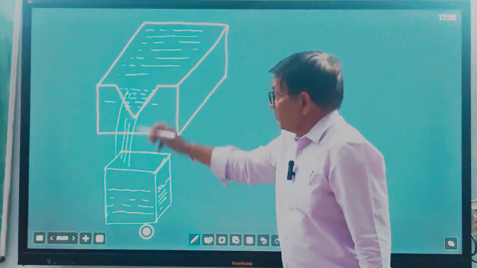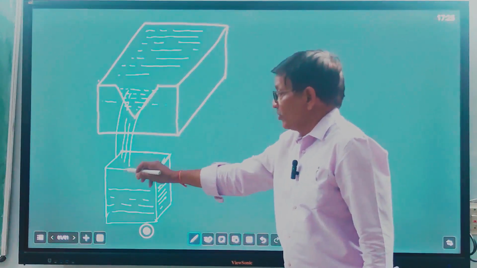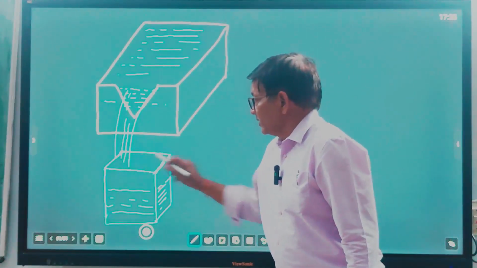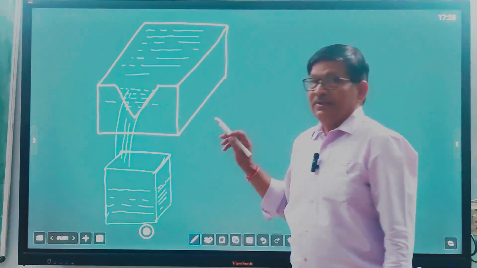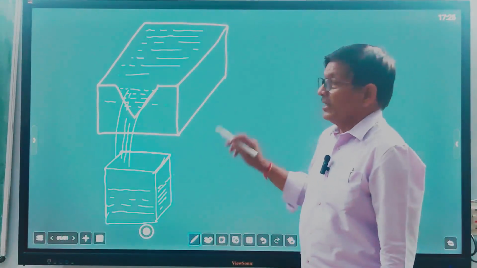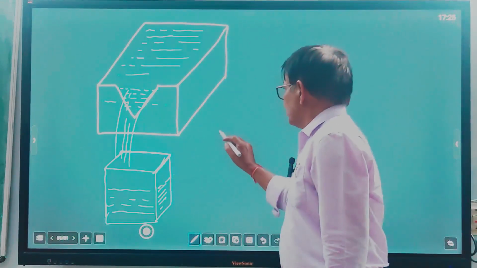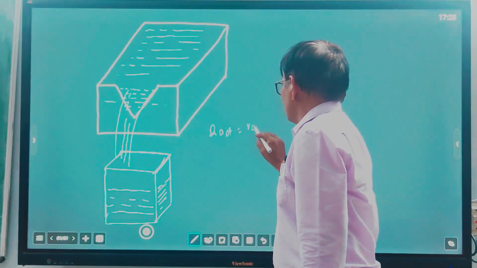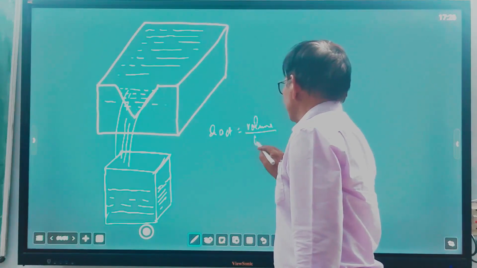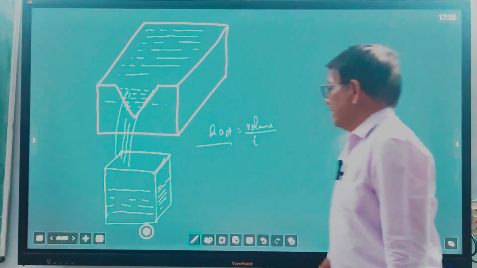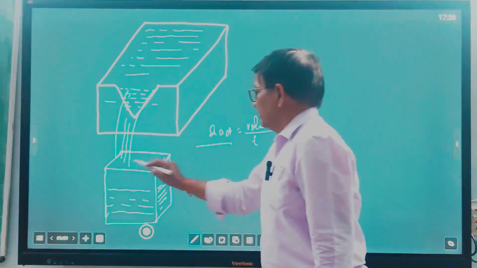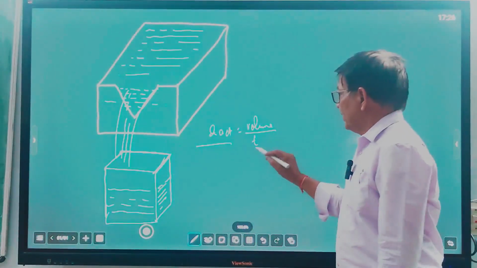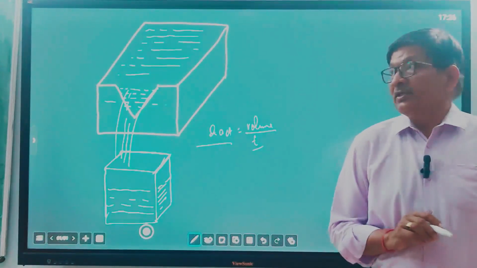You allow water coming from the V notch to accumulate in the tank. The dimensions are given, you measure the height, so you can find the volume, and the time interval you know. So Q actual equals volume accumulated upon time, and we get the actual discharge rate.